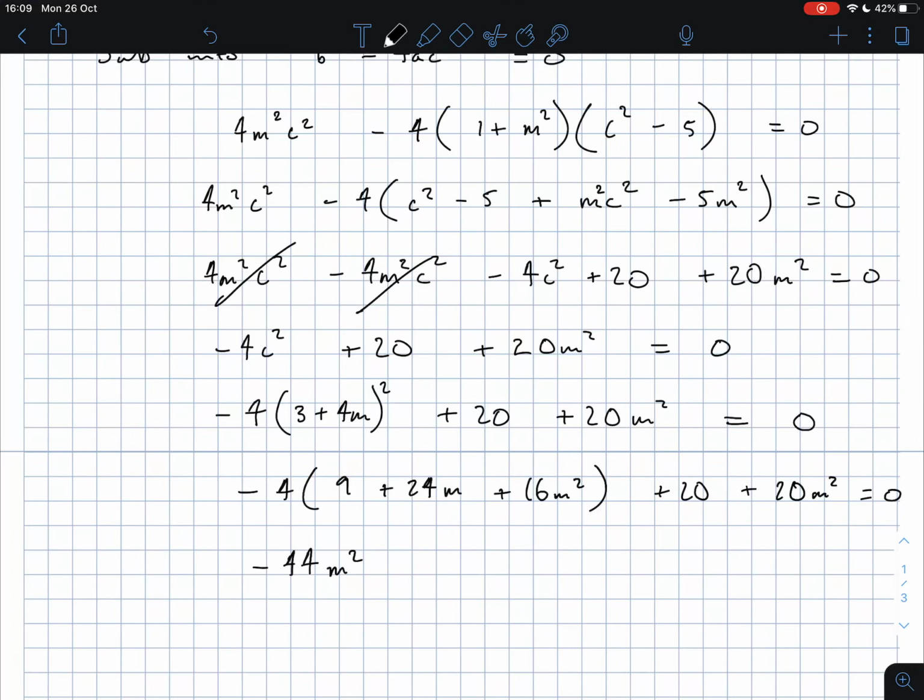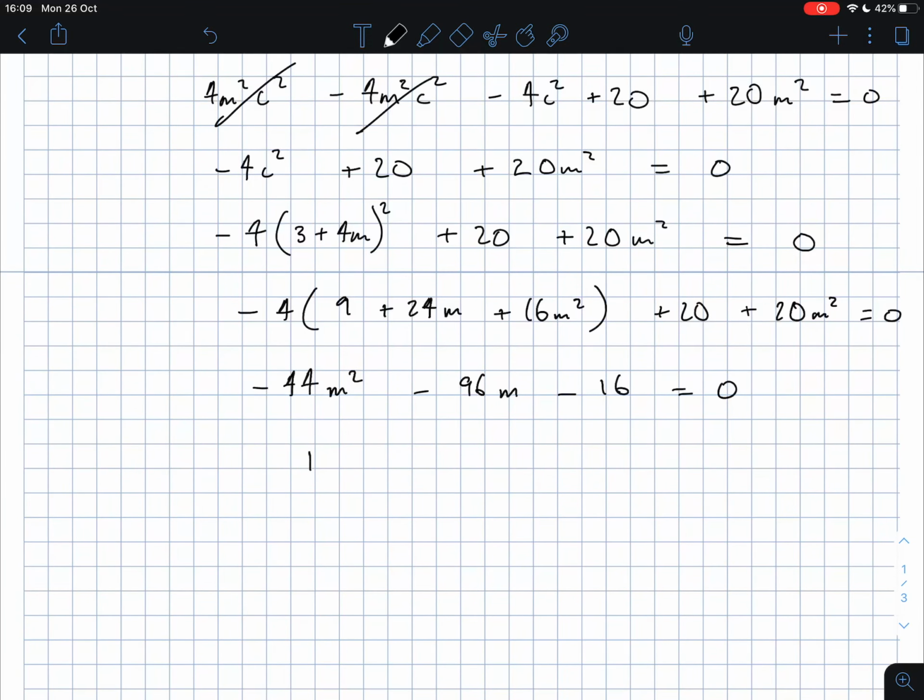44m squared minus 96m minus 16 equals 0. They've all got a common factor of 4. So we can get to here. And then, yeah, I think that factorizes.